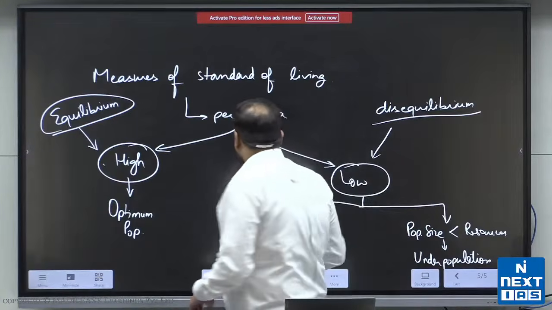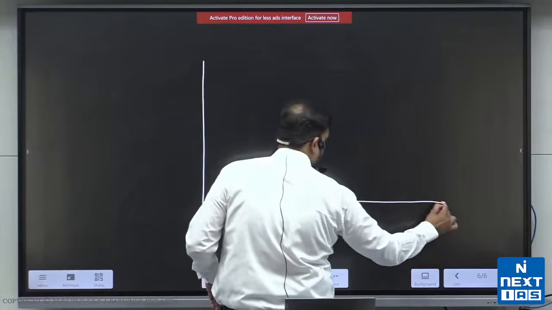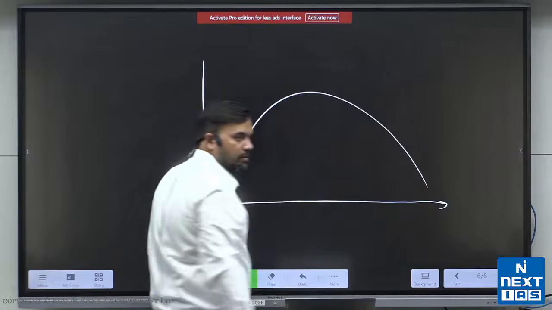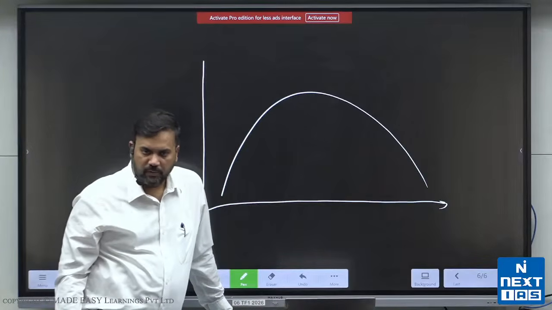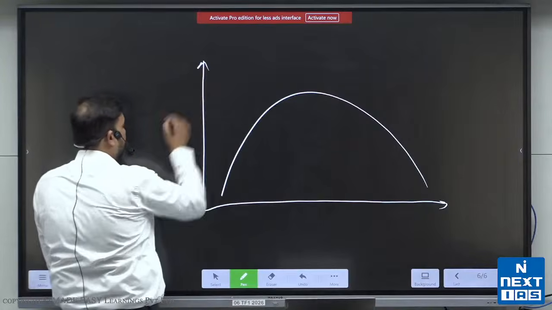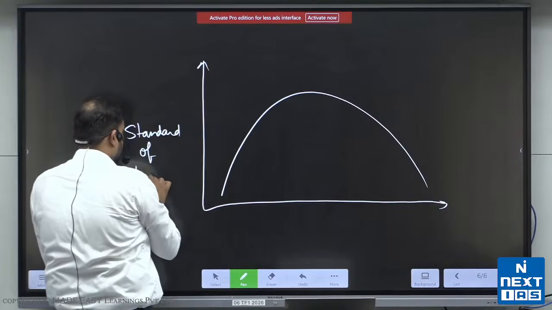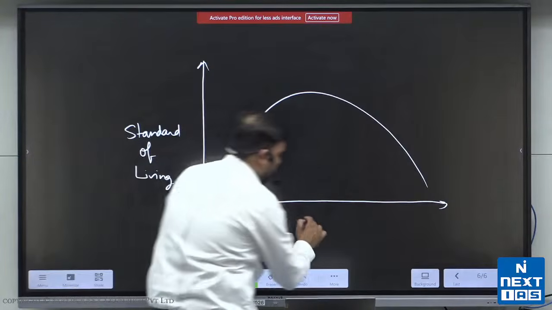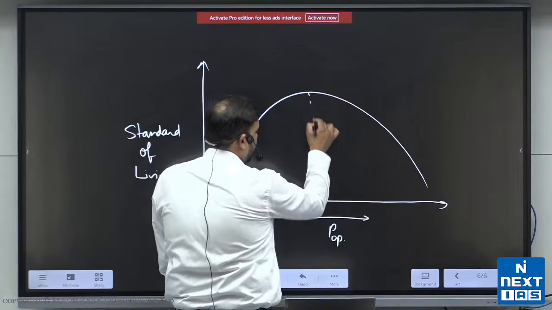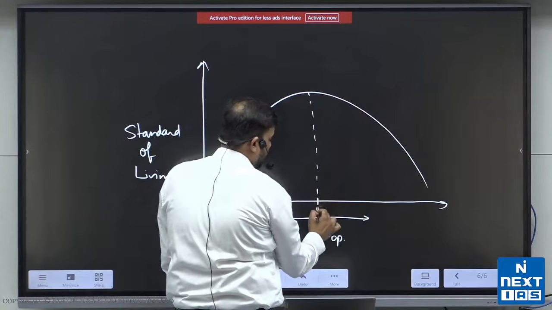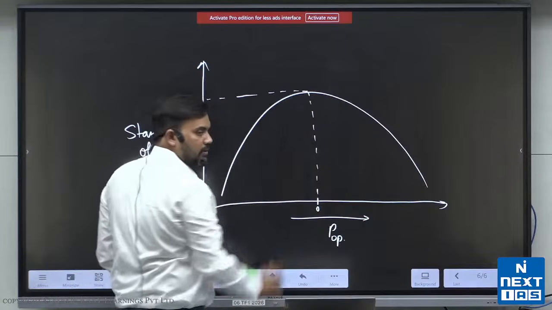continuum of overpopulated, underpopulated and optimum populated. So you can understand that here is the standard of living and here is the population. There will be a point O where the standard of living becomes maximum.